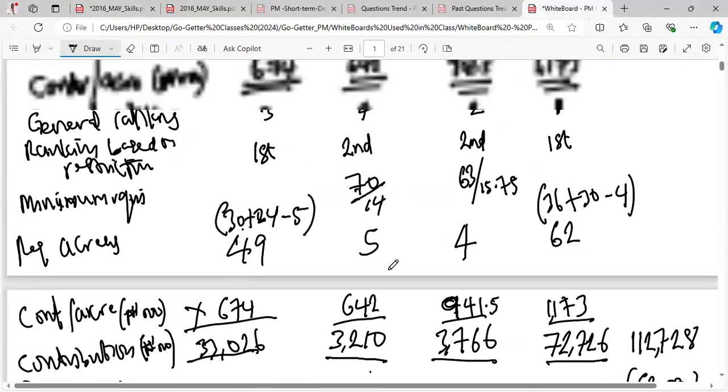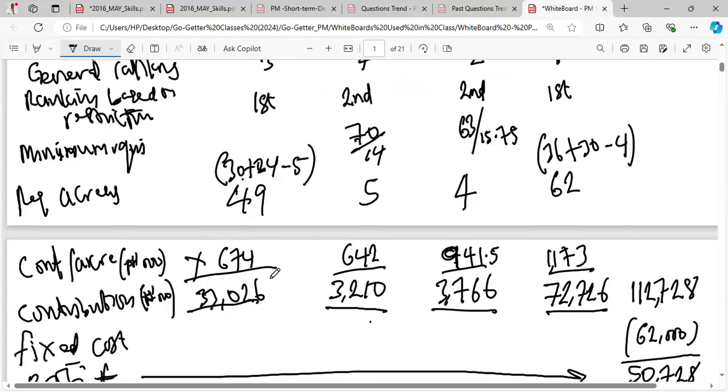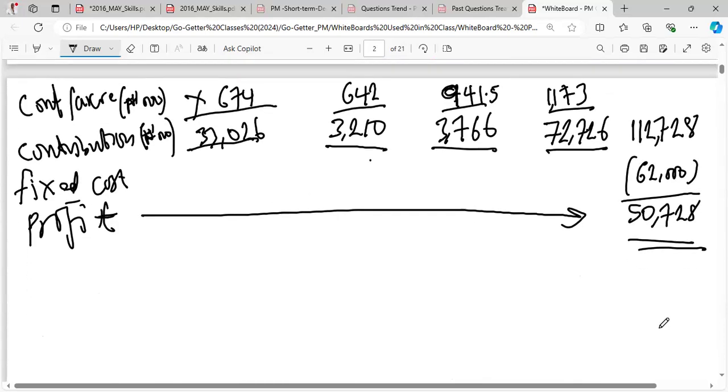The production mix you recommend here is to use 49 acres to devote it to cabbage, 5 acres for spinach, 4 acres for tomato, 62 acres for carrots. And this is the contribution you're going to make, and this is the profit. So that's your question. So you see how this limiting factor has come to be applied in this special way.